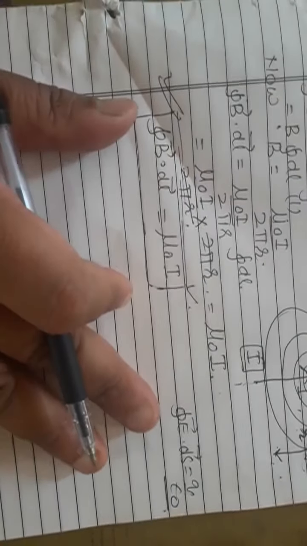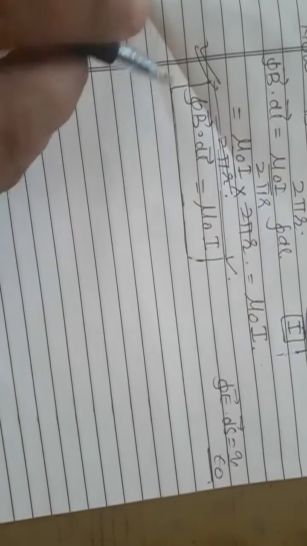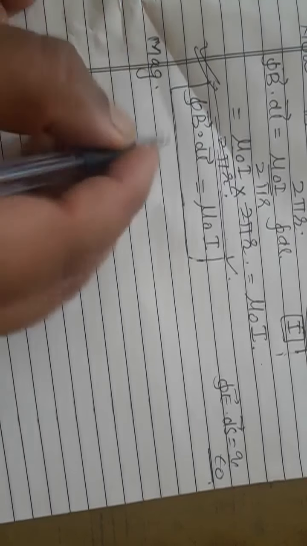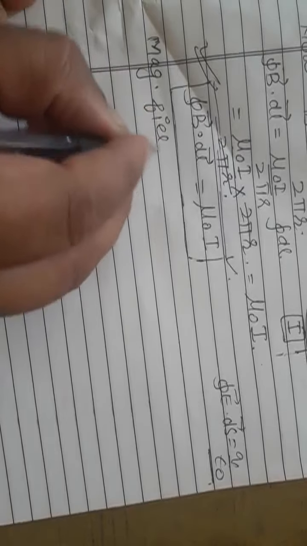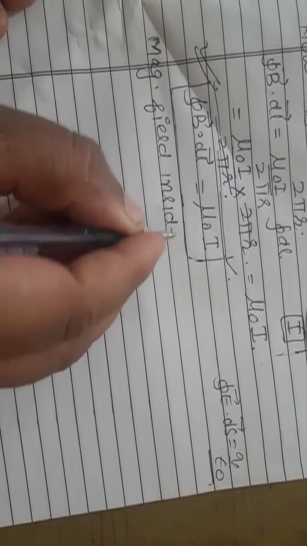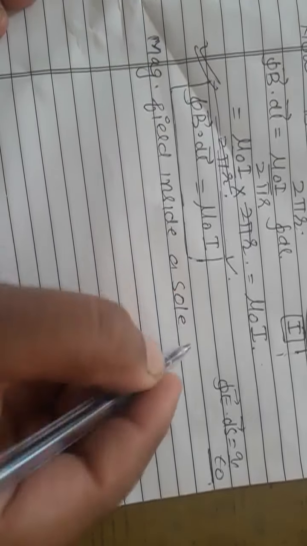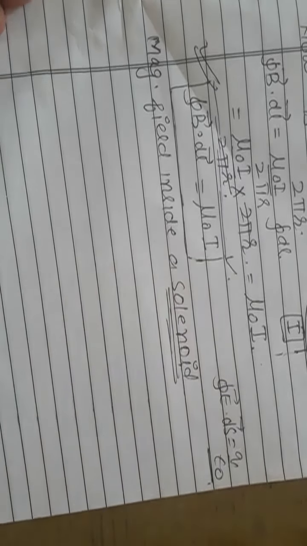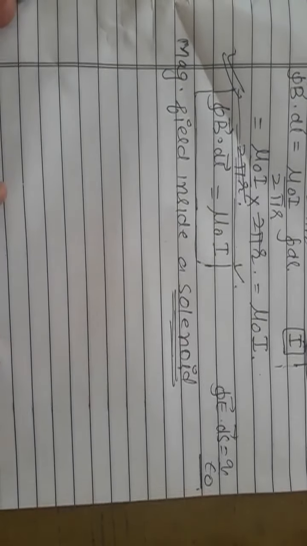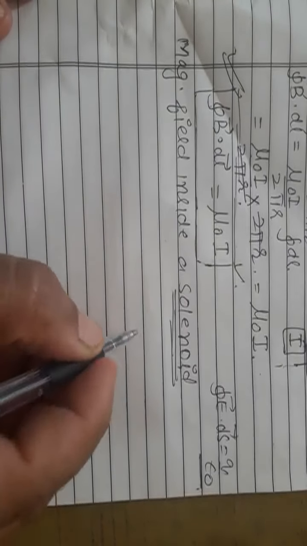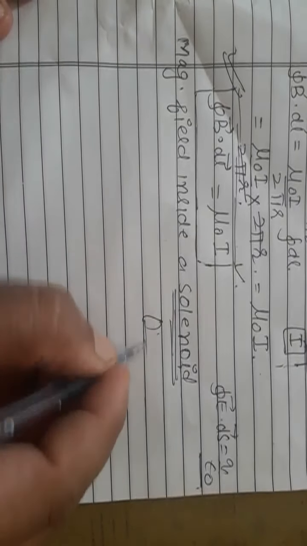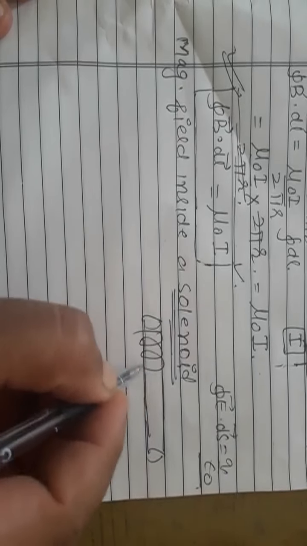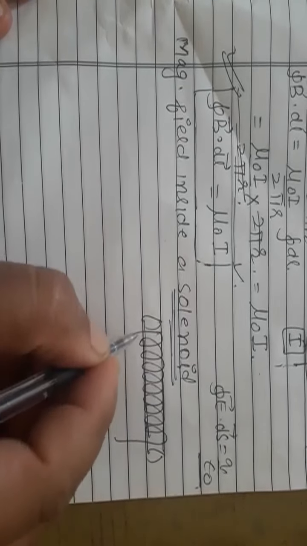Now there are two applications of Ampere circuit law. First application, to find the magnetic field inside a solenoid. I think in 10th class it is clear to you what a solenoid is. A solenoid is a cylindrical tube. On this cylindrical tube there are a number of wires like this.